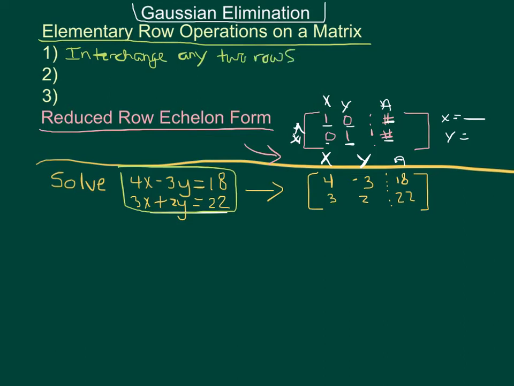If this is row 1 and that's row 2, I can just flip them. I can put the 3, 2, 22 at the top and the 4, negative 3, 18 at the bottom if I want to, and that will not change the final answer.